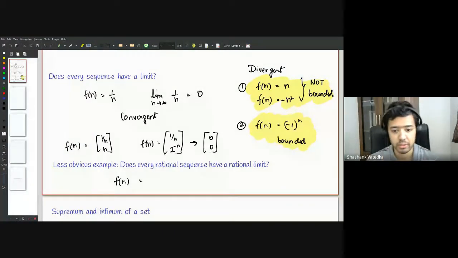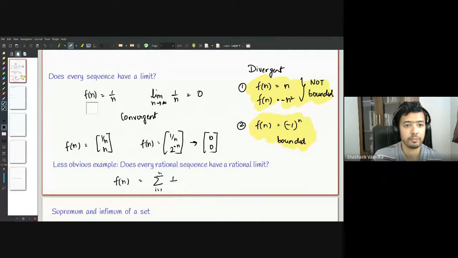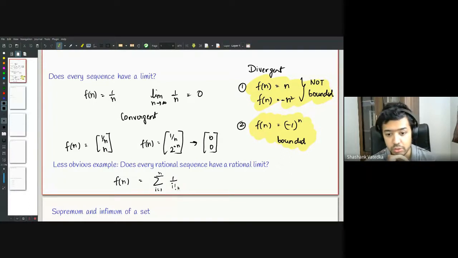So in particular, what is this summation i going from 1 to n of 1 by i factorial? Yes, sir. Sorry, i factorial. I factorial. So note that for every finite n, yes, it's a series, but for every finite n, this gives me a number, right?